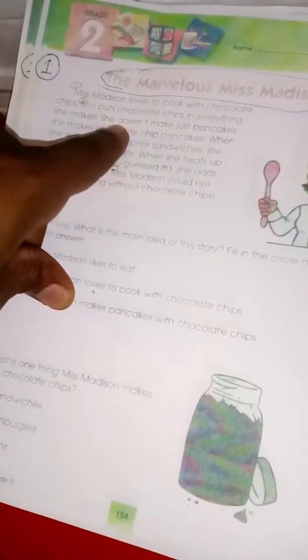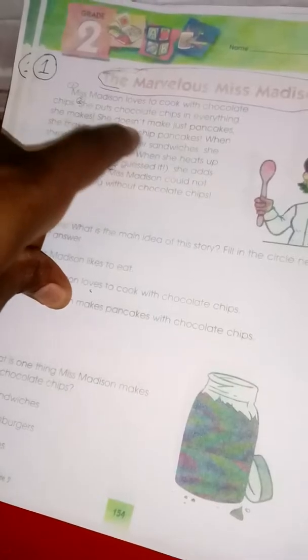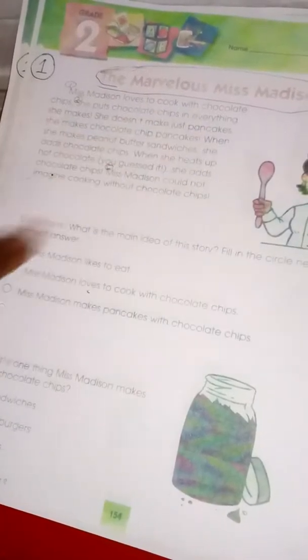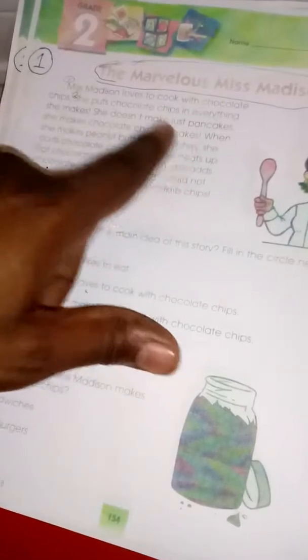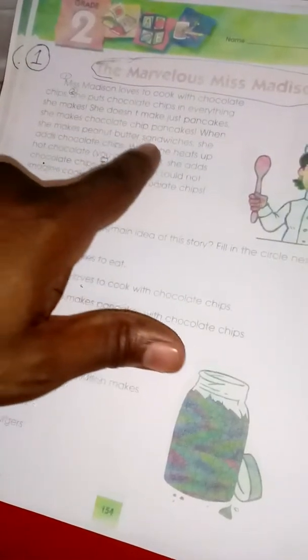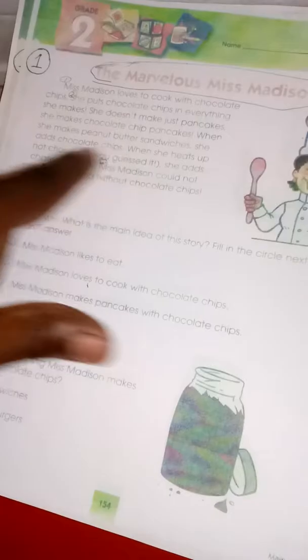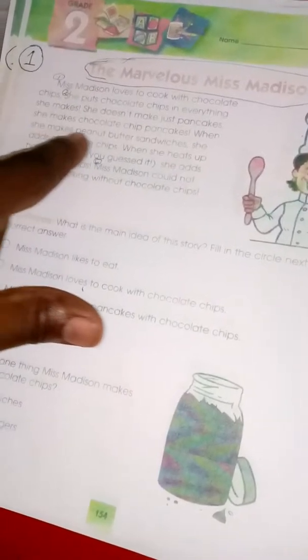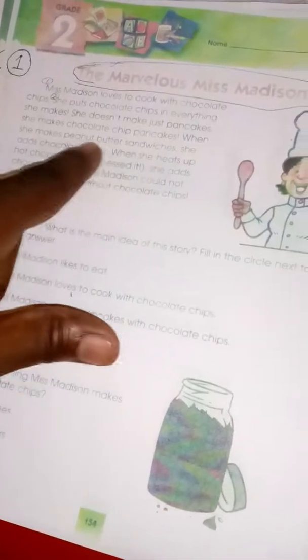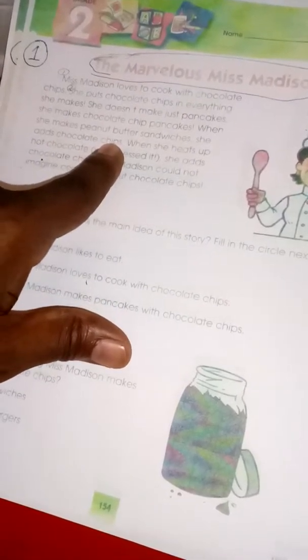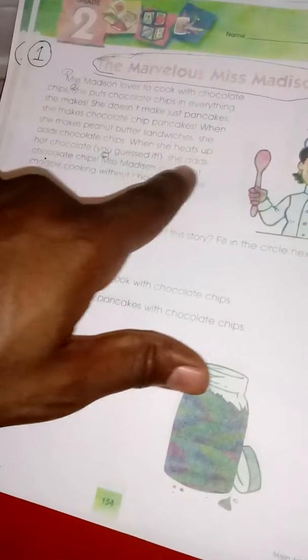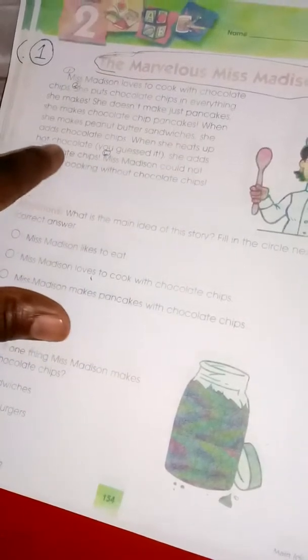Look here. It says she doesn't make just pancakes. She makes chocolate chip pancakes. It also says, where is it? She doesn't just make peanut butter sandwiches, but she adds chocolate chips in it, right? Here's another one. When she makes hot chocolate, what?